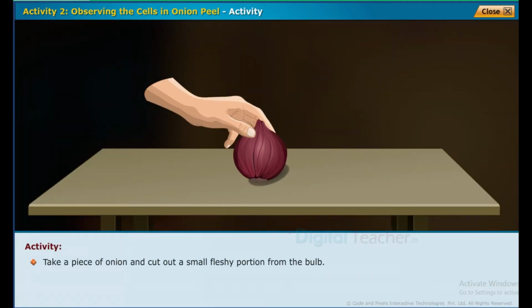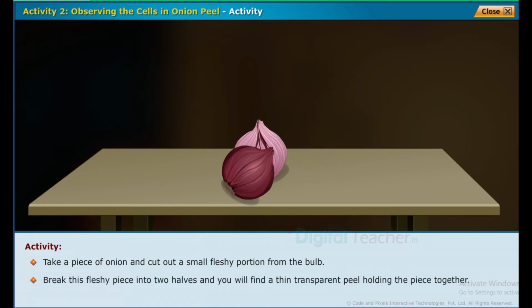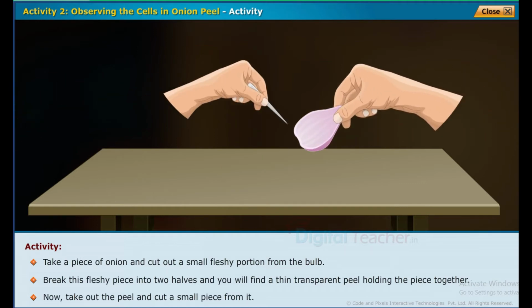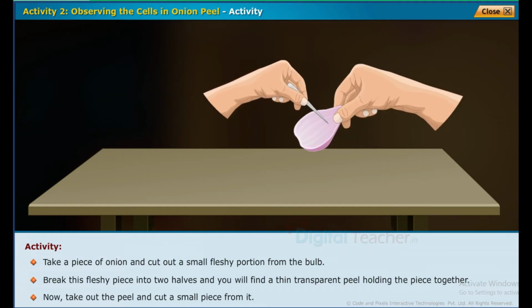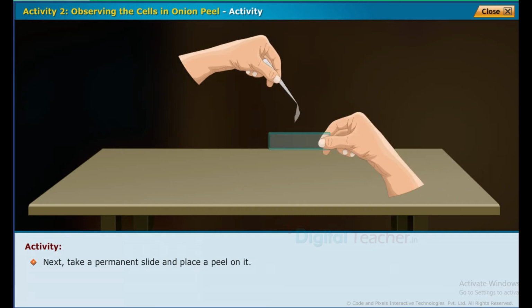Take a piece of onion and cut out a small fleshy portion from the bulb. Break this fleshy piece into two halves and you will find a thin transparent peel holding the piece together. Now, take out the peel and cut a small piece from it. Next, take a permanent slide and place a peel on it.